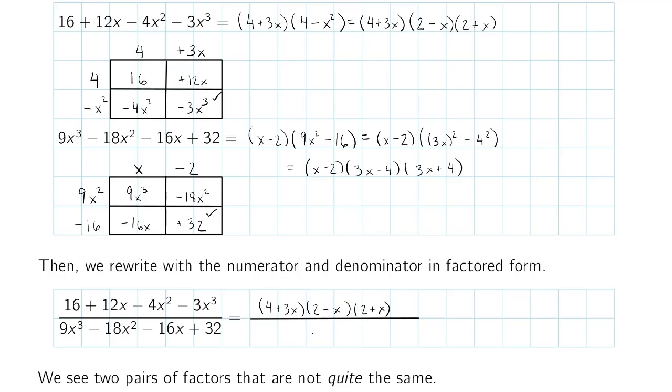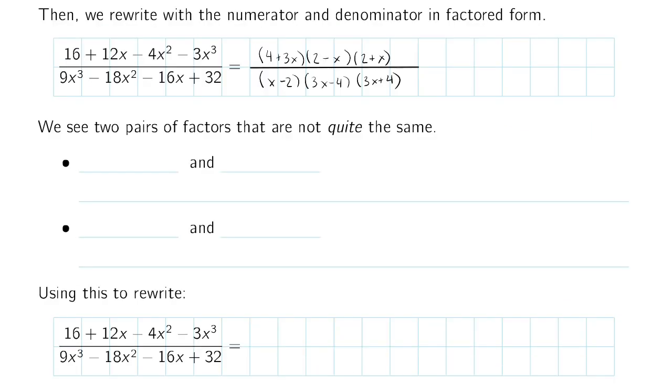Our denominator factored as x minus 2 times 3x minus 4 times 3x plus 4. And the first thing I noticed looking at this is that none of these pairs of factors are identically the same. But I have two pairs that look really, really similar.